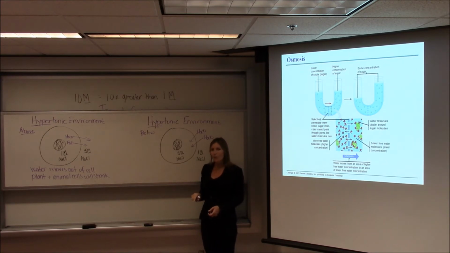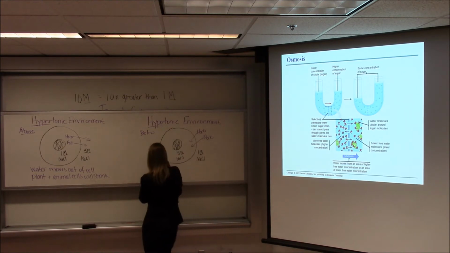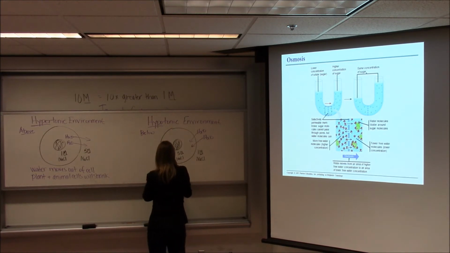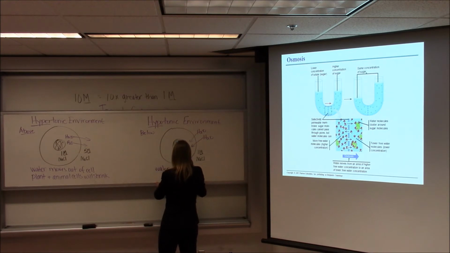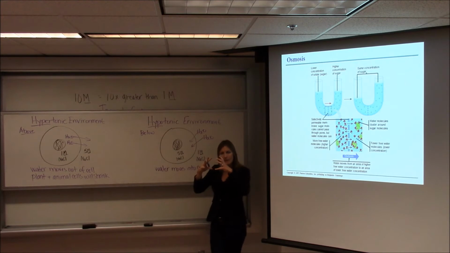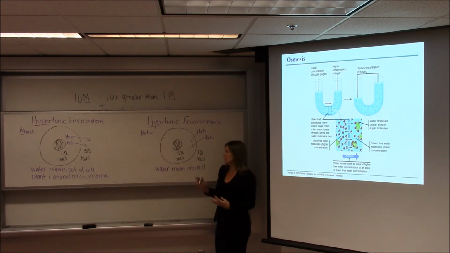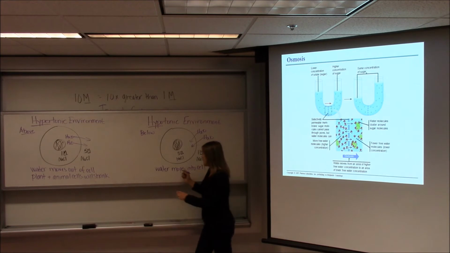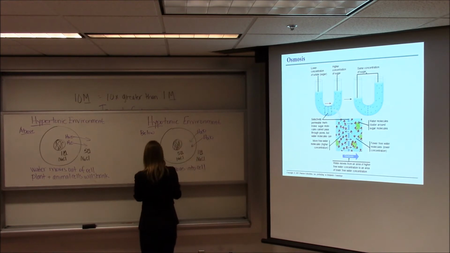And in this case, water tends to move into the cell. If this is an animal cell, over time, it's going to get so big that it could actually burst. If there's a big enough solute concentration difference that enough water moves into the cell, that cell can burst. So an animal cell can burst.